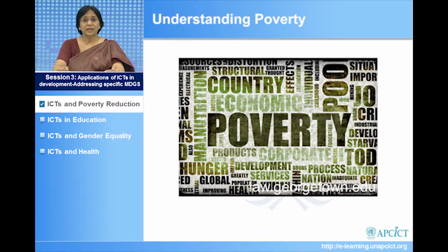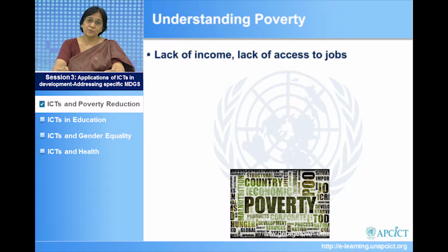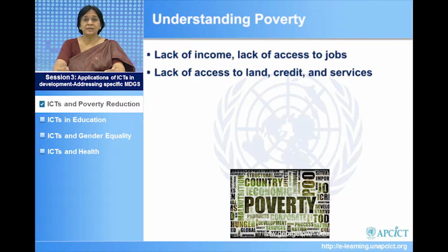But essentially, if we were to sum up the commonalities, we'd find lack of income, lack of access to jobs or income-generating activities, lack of access to land, land being a right, land being an asset. So we're talking about asset management. We're talking about lack of access to credit and loans, lack of access to services such as education and healthcare. A regular experience of hunger.